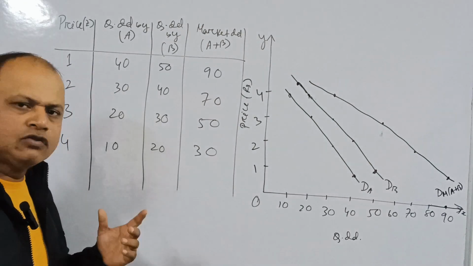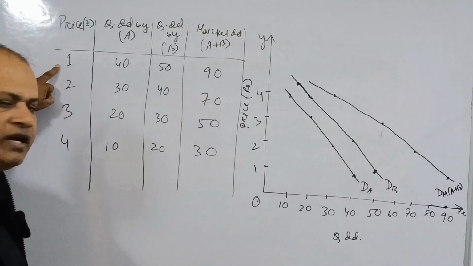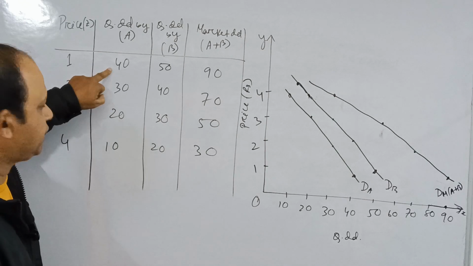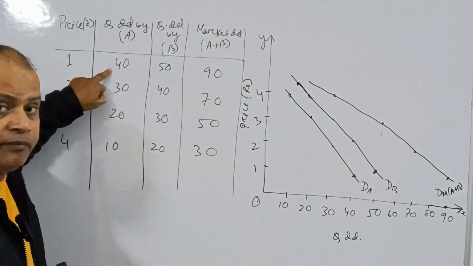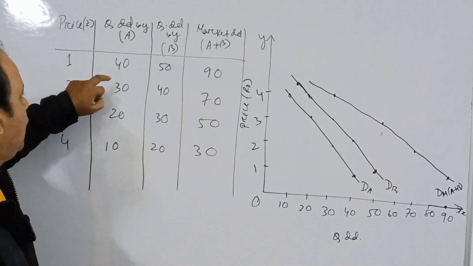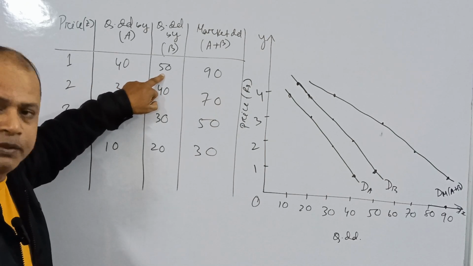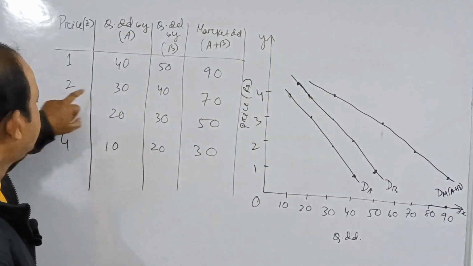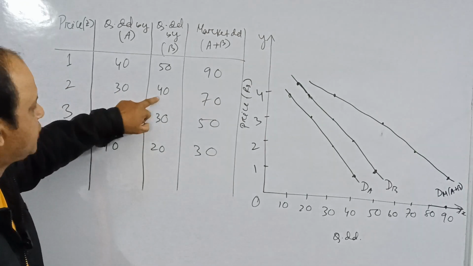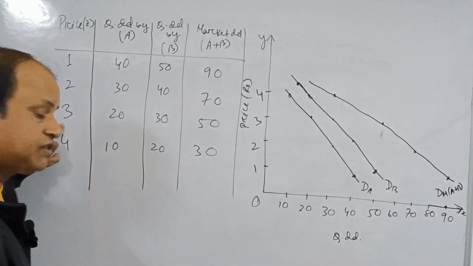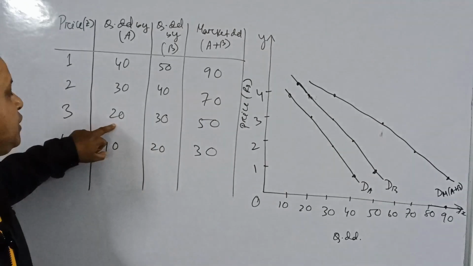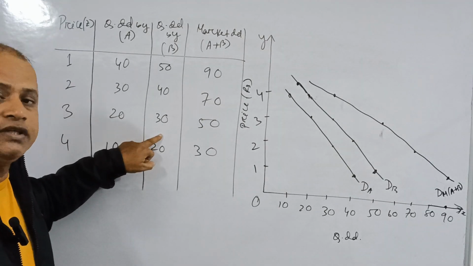Now see, when price is 1, individual demand by A is 40 units and demand by B is 50 units. When price is 2, A demands 30 units, B demands 40 units. When price is rupees 3 per unit, A demands 20 units, B demands 30 units.